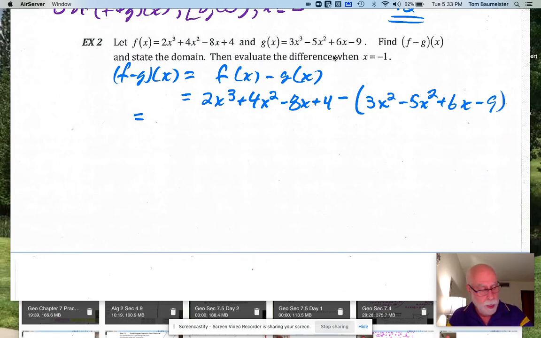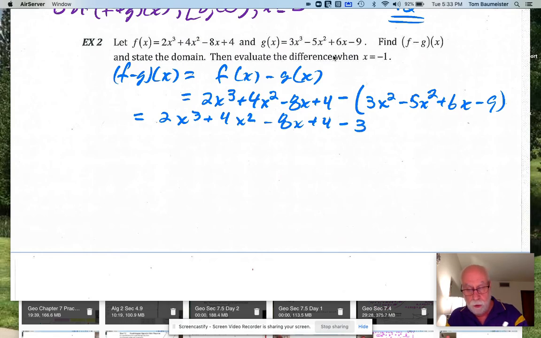Okay, so now we know that we're going to have 2x cubed plus 4x squared minus 8x plus 4. And I'm going to distribute that negative through the parentheses. So I'll have negative 3x cubed plus 5x squared minus 6x plus 9.